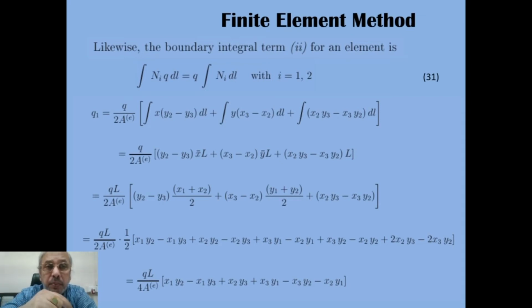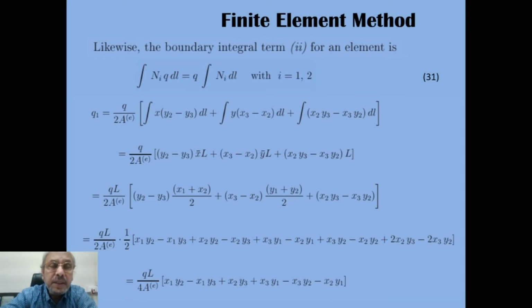That means the boundary is covered by one side of the triangle. So all the triangles falling on the boundary are covering the boundary by one side of the individual triangles.